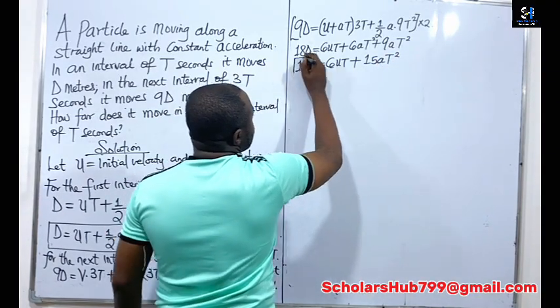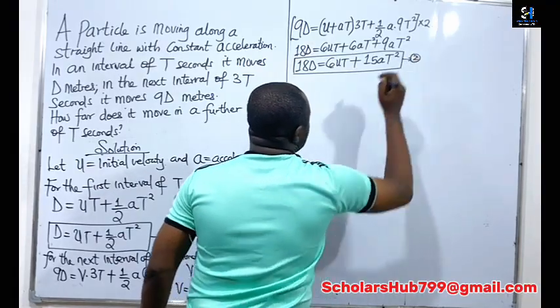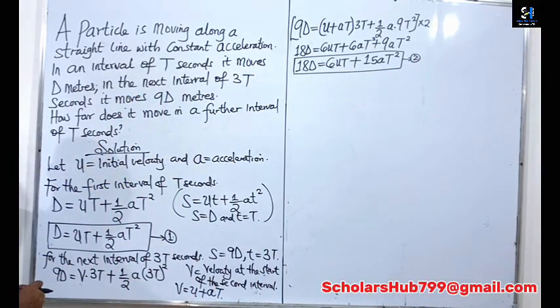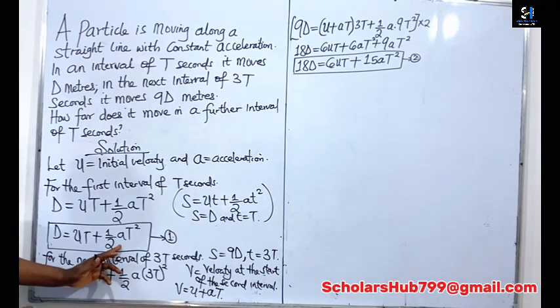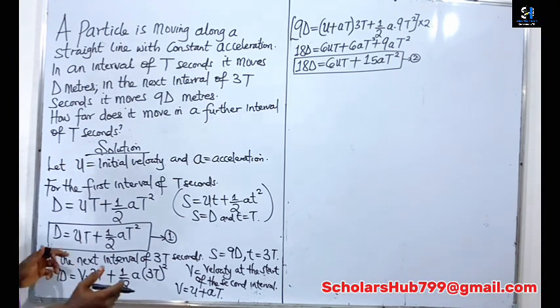This is equation 2, and here we have equation 1. Now let me multiply equation 1 by 6.